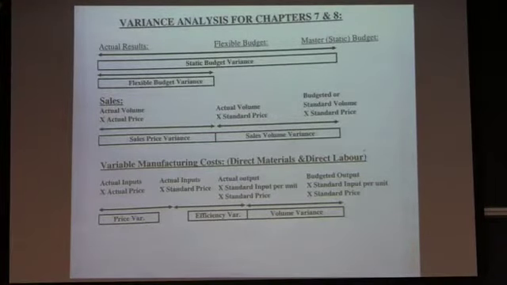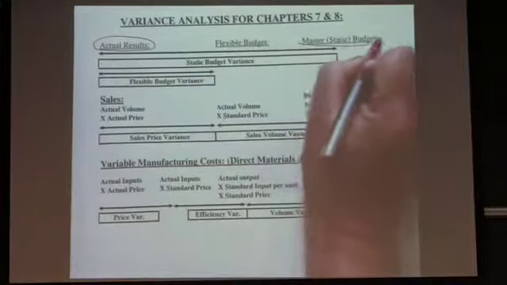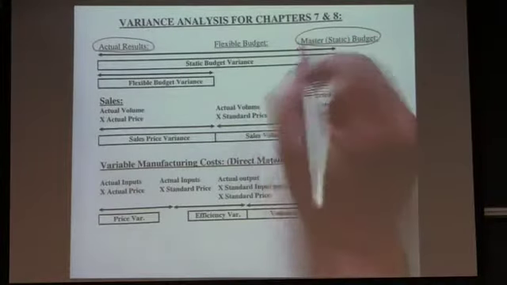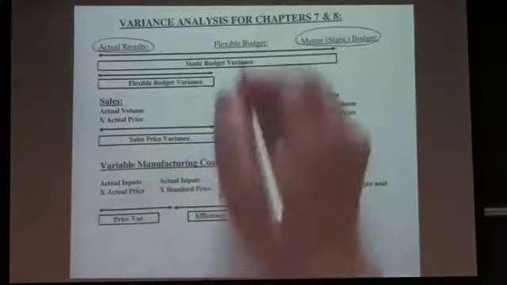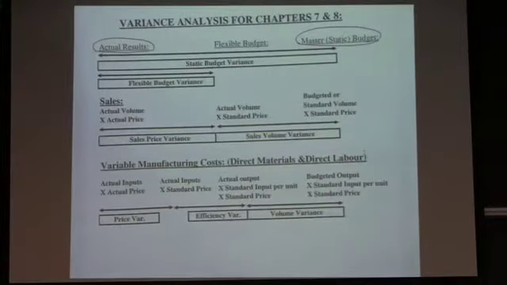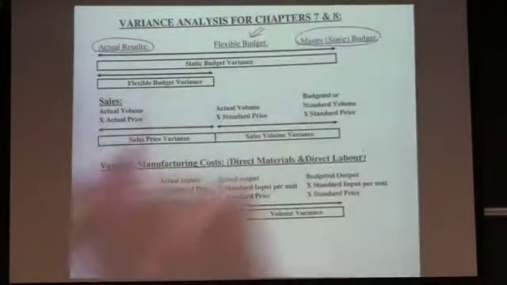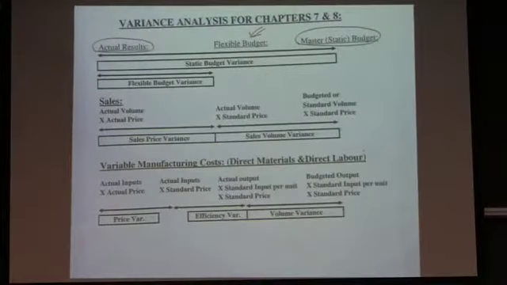First, we have what we call actuals, and we're going to compare to the static budget. The difference between the two is what we call the static budget variance. To make this variance meaningful, we need to create what we call a flexible budget, which is a budget based on actual output.